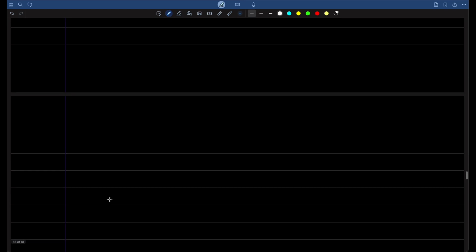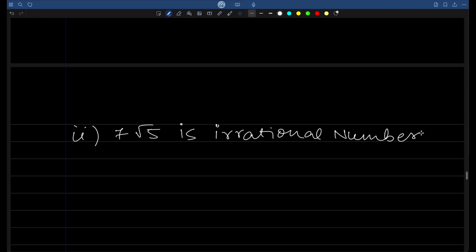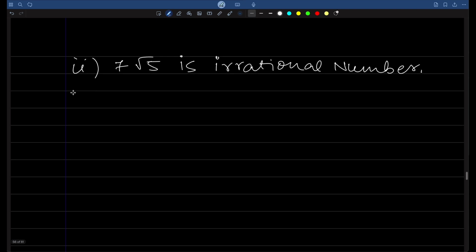Now part 2, that is 7 under root 5 is an irrational number. The statement is 7 under root 5 is irrational.